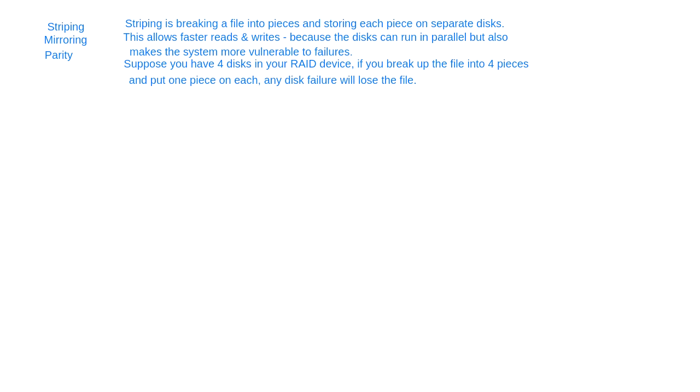Okay, so that's basically, you're going to have multiple copies. Obviously, this increases reliability because you need to have multiple disk failures to lose a file.